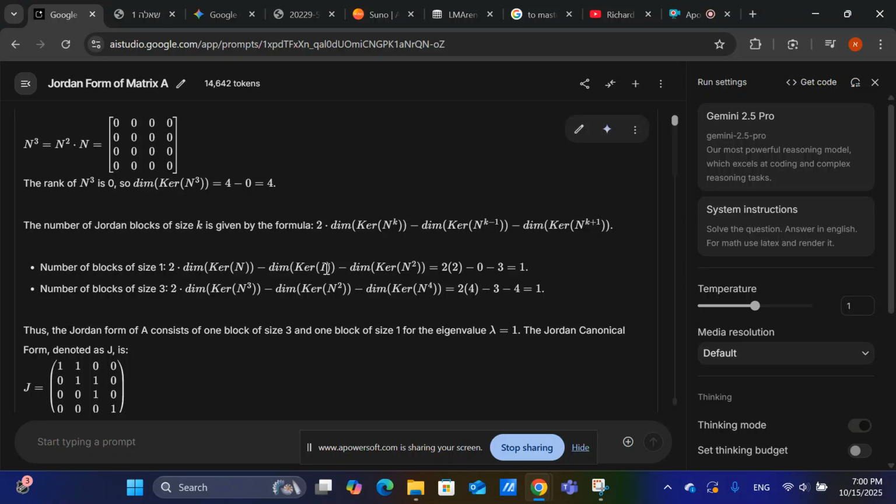N to the power of 0 is just the identity matrix, so the dimension of the kernel of I. And from this I subtract the dimension of the kernel of N to the power of 1 plus 1. So I have 1, which means that I have 1 block of size 1.